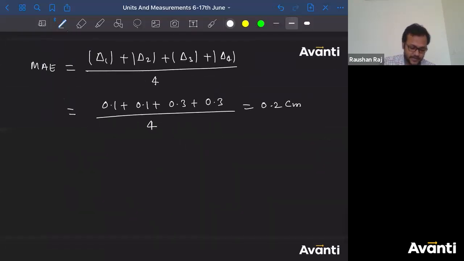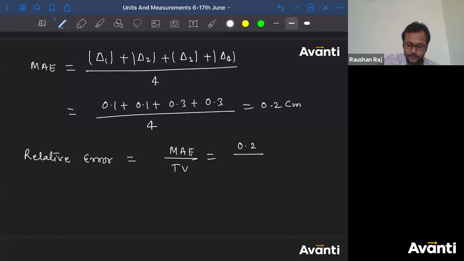Now, what is relative error? Relative error will be MAE divided by the true value. What is MAE? 0.2. What is the true value? That is 2.2. So this is the relative error. You can also write it as 0.1 divided by 1.1, or 1 by 11.